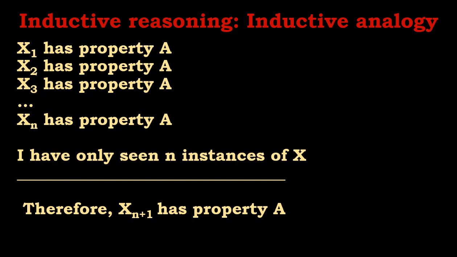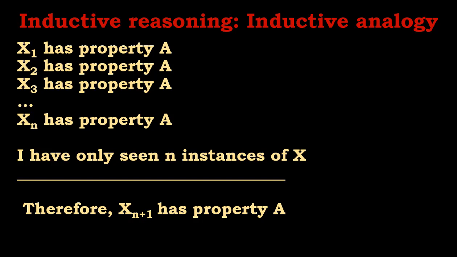Premises: x1 has property A, x2 has property A, x3 has property A, xn, let's say n equals 100,000, so x 100,000 has property A. I have only seen 100,000 instances of x.